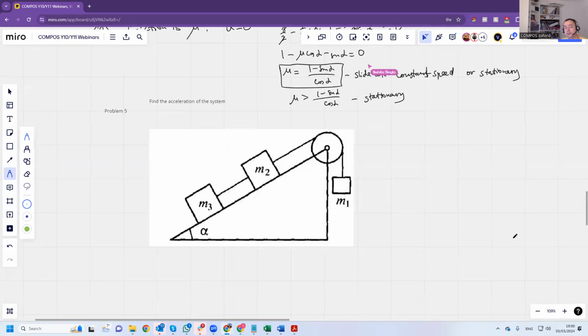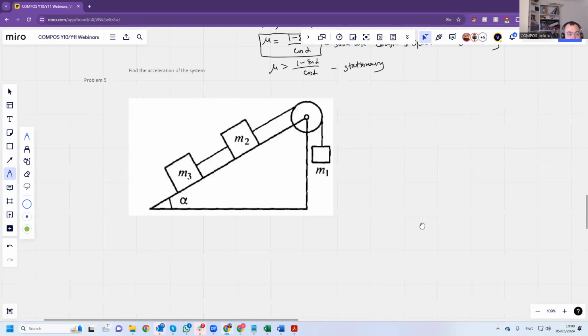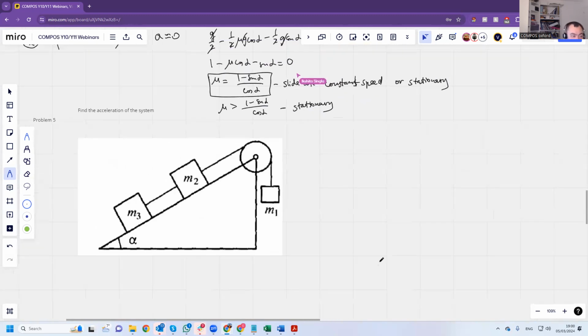Of course, depending on the masses, it will move up or down. So let's do a general case. I'm sort of doing three free body diagrams at once, so I just don't want to waste time.